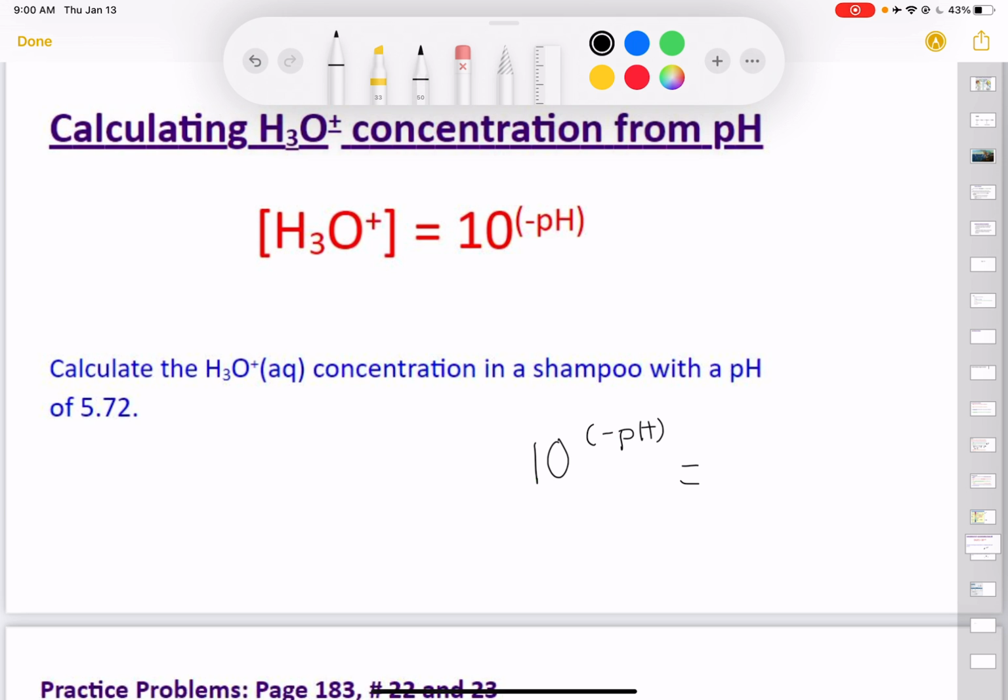So all we've got to do in our calculator is go to the 10 to the button, and we're going to say negative 5.72. Okay. And when you do that, you should get your answer, and that would be your H3O concentration. Okay.